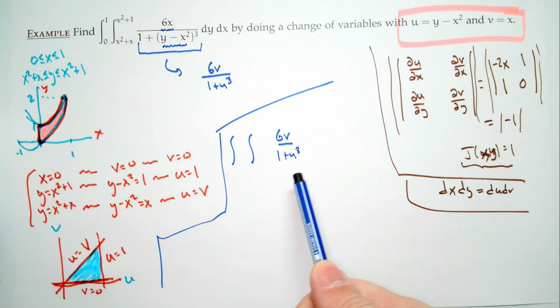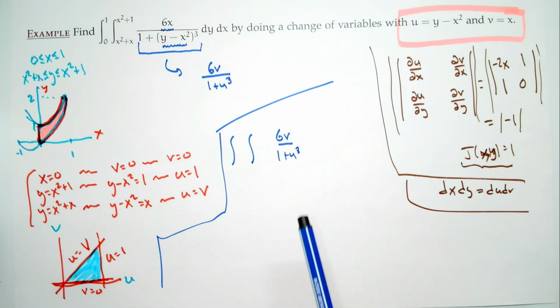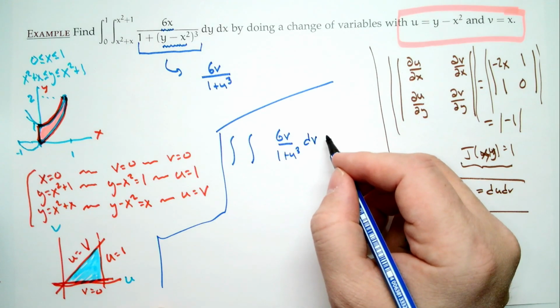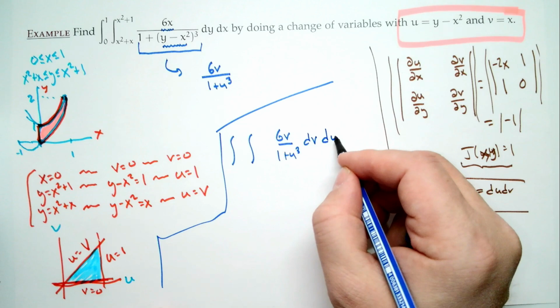Do you want to integrate first with respect to v or first with respect to u? You probably want to first integrate with respect to v, because integrating first with respect to u, it's possible, but it'll take us this class and the next class. We don't want to do that. We want to do something that's simpler. So this is certainly an easy integral with respect to v first. So we're going to do dv du.